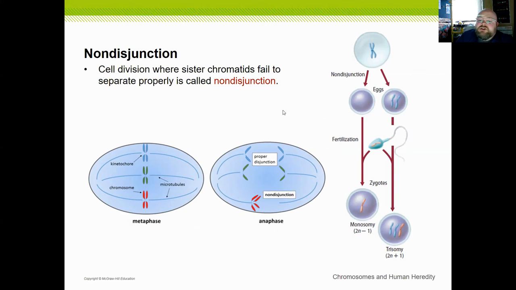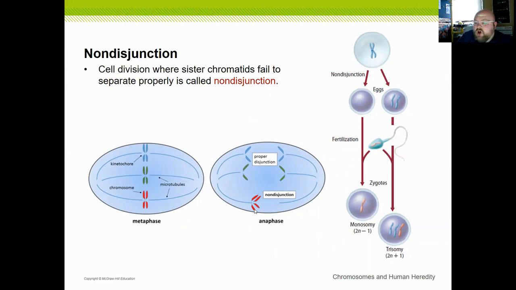Okay, we have another situation called nondisjunction. This happens during cell division where sister chromatids fail to separate properly. You can look down here: they're supposed to separate into equal parts. Well, here's a situation where one of them just doesn't.